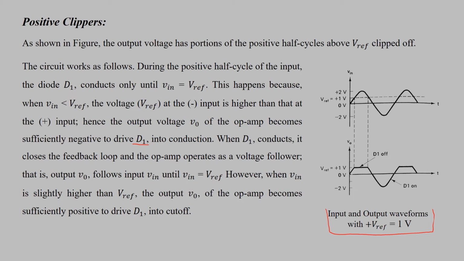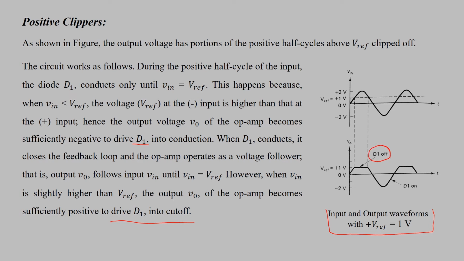Hence, when the input voltage is slightly higher than the reference voltage, the output of the op-amp becomes sufficiently positive to drive D1 into cutoff, and the net result is that when D1 is off, the positive portion gets clipped off. The output follows the input when D1 is on.